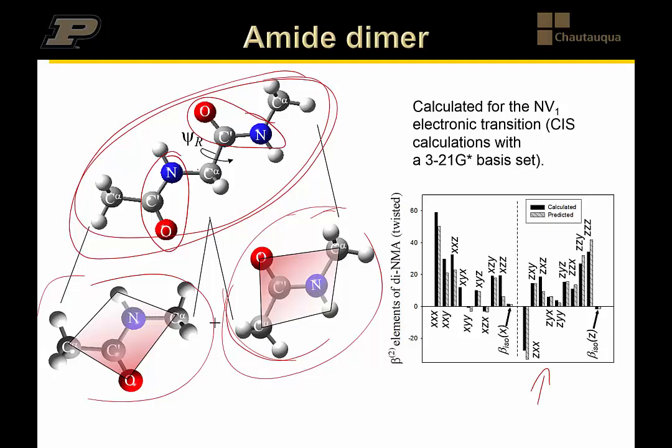And the calculated is the full quantum chemical calculation of the fully coupled system. And as I alluded to for binaphthol, overall there's remarkably good quantitative and qualitative agreement between the predictions of this almost trivially simple symmetry additive approach and what you get from a full quantum chemical calculation.